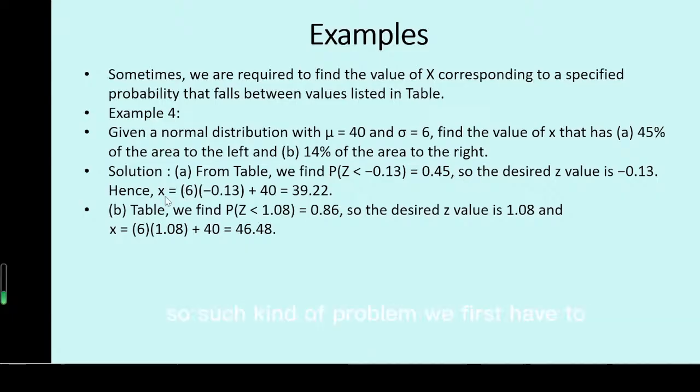In such a problem, we first have to find the z value from the table. For question A, the z value minus 0.13 has a cumulative probability of 0.45, so the desired z value is minus 0.13. Since this is not a standard normal distribution, we can get the x value using sigma times this z value, then plus the mean.